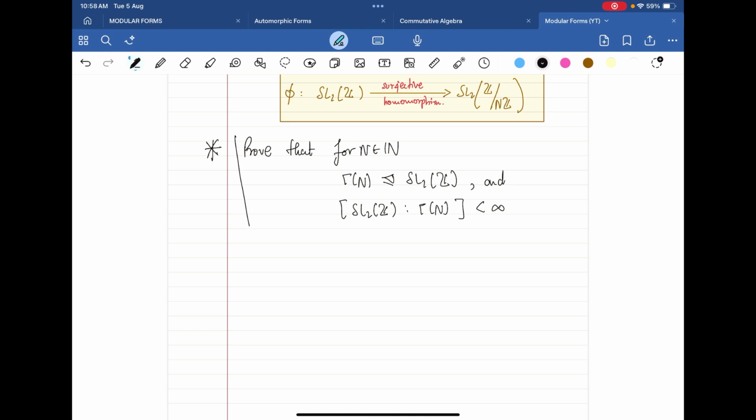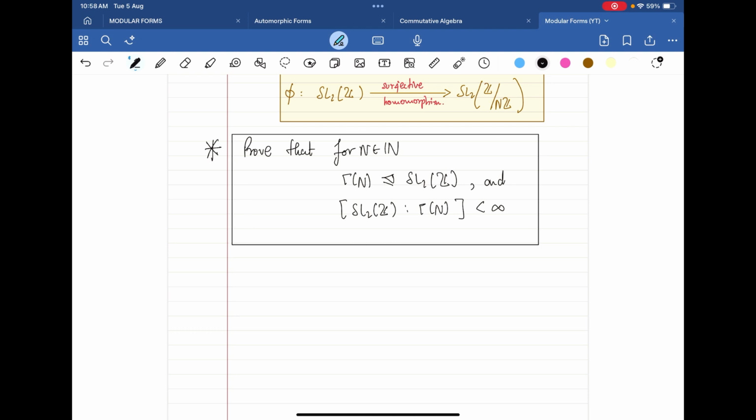Now I don't know how you view this problem, but many students see this kind of problem, and whenever we encounter showing that a subgroup is normal, I try to imagine a good group homomorphism whose kernel is that subgroup.